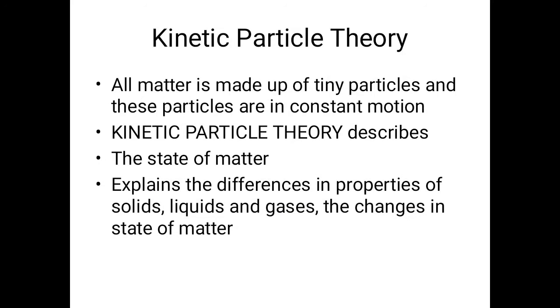So we begin with the statement. This theory states that all matter is made up of tiny particles, and these particles are in constant motion, the motion which I talked about, which is Brownian motion. And the second postulate is that it describes the states of matter: they can be present in solid state, or they must be in different movement when they are in liquid state, or the gaseous phase particles must be behaving totally different from the previous two states.